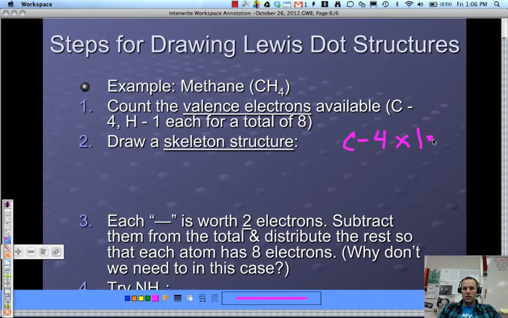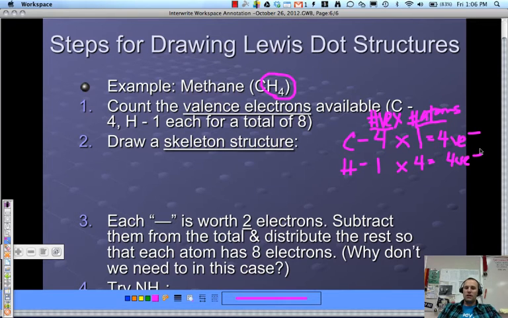There is 1 carbon, so that's a total of 4 valence electrons. So basically it's the number of valence electrons times the number of atoms. All right, hydrogen has 1 valence electron, and there are 4 hydrogens. So that is also a total of 4 valence electrons. They're bringing 8 valence electrons to the party.